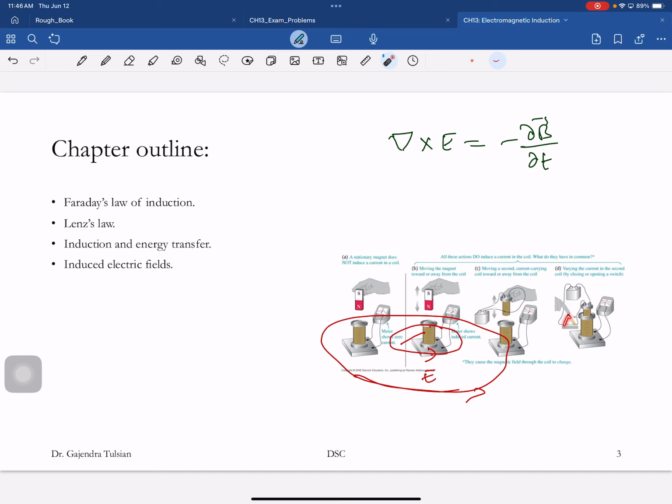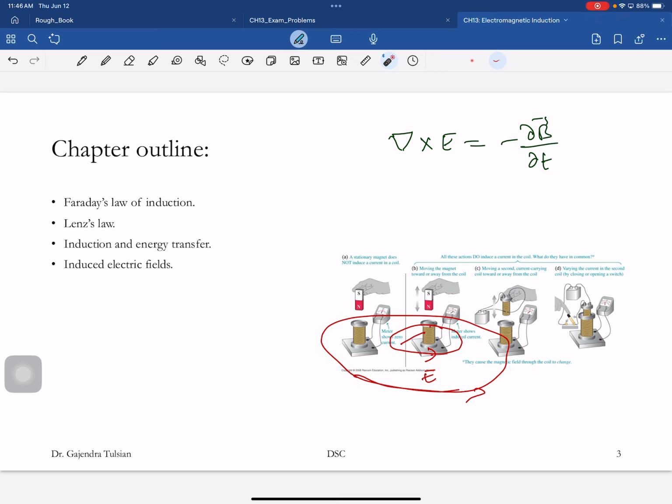When you close the switch, there's a current flowing in this, and it was not a magnet, and then it became a magnet. So for that fraction of a second, the magnetic field changed, and for that time you'll have a current induced in this. So anytime you close and open the switch, you're changing the magnetic field, and you'll induce an electric field.